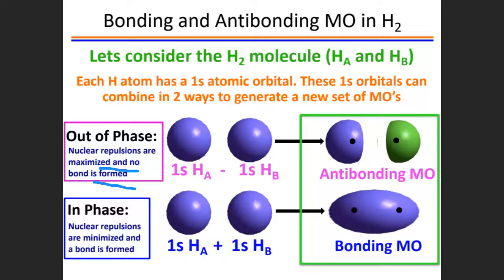So when nuclear repulsions are maximized, then no bond. When nuclear repulsions are minimized, then the bond can be formed. So what type of force of attraction or repulsion actually goes through this in phase and out of phase? To explain, let's go back to the blackboard.